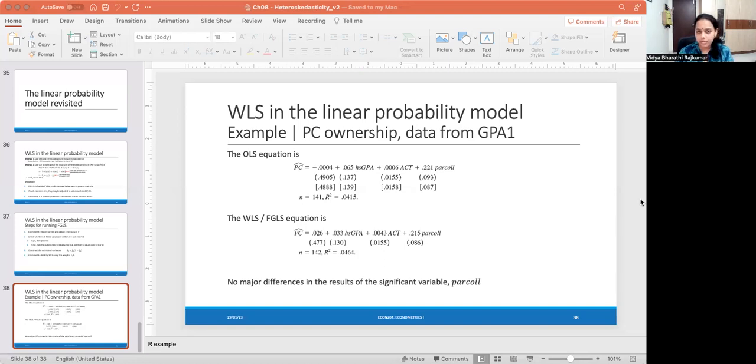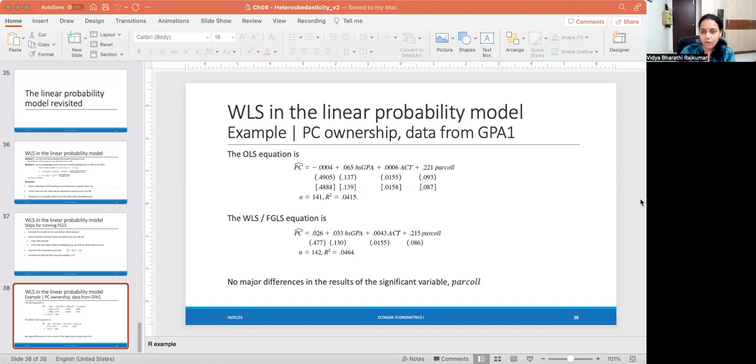So what are we going to do? We're just going to take u squared and express that as a linear function of all our x variables. So I'm going to write u squared as a function of all my x variables, and I'm just going to run a regression to check that. So I'm going to regress u squared on all of my k x variables.